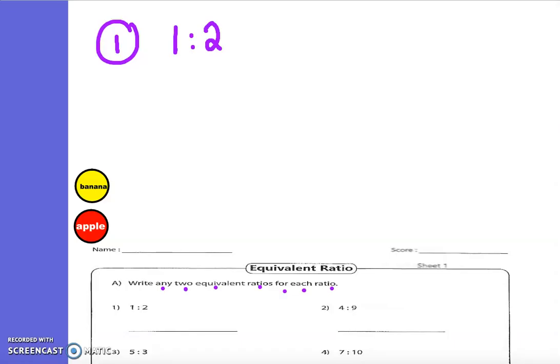Okay, now if I want to, I can just keep on adding 1s, and I could just keep on adding 2s. So for example, 1 plus 1 is 2, and 2 plus 2 is 4. So this is an equivalent ratio, and I could write that as an answer.